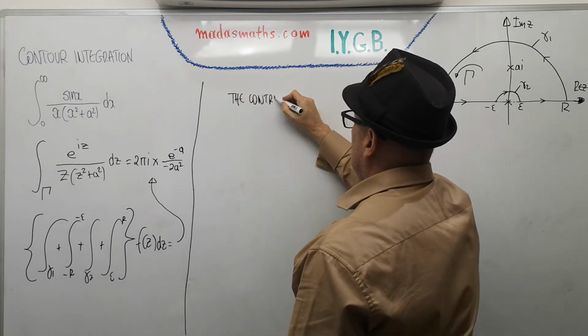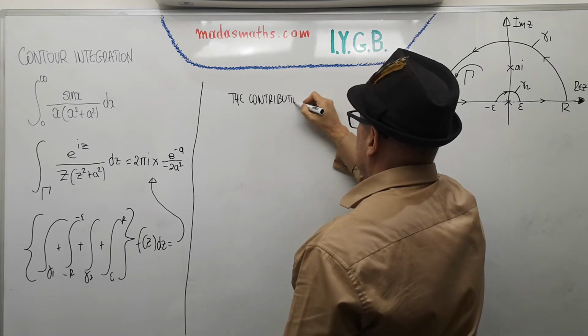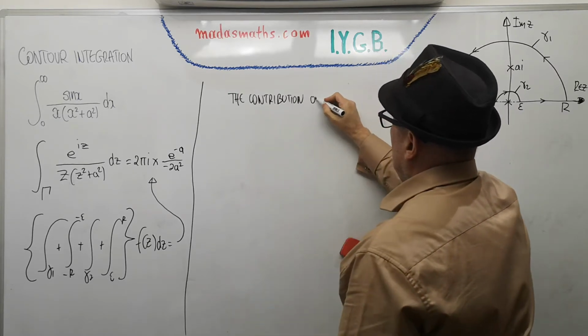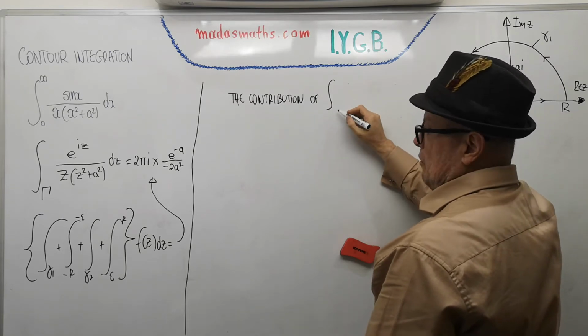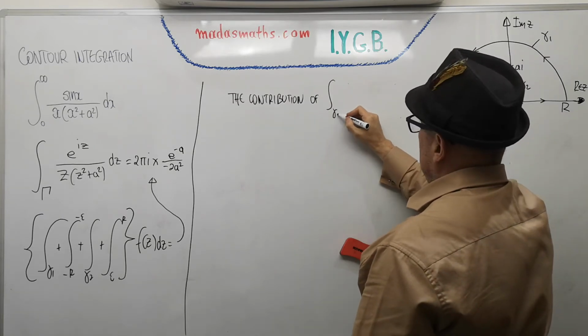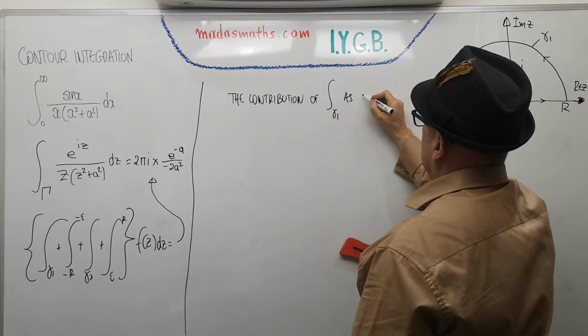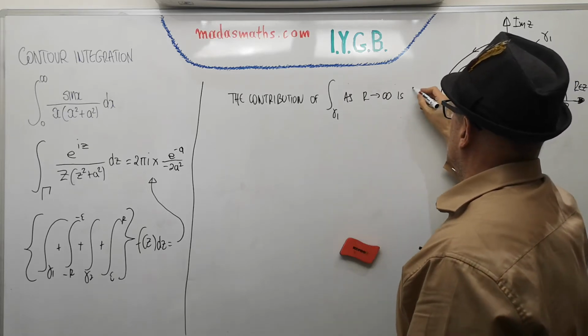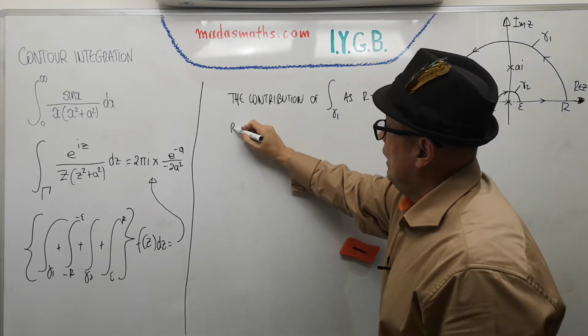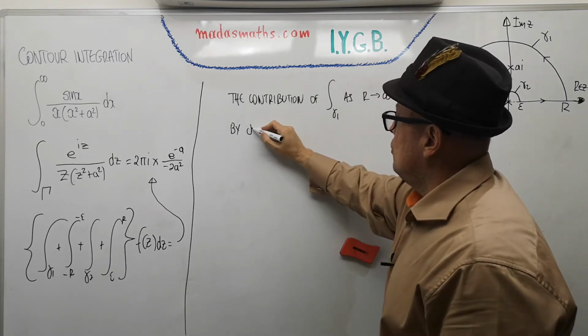I'm going to state it, of course, and I'm going to say something about it. The contribution of the integral around gamma 1 as R tends to infinity is 0. By what? By Jordan's lemma.